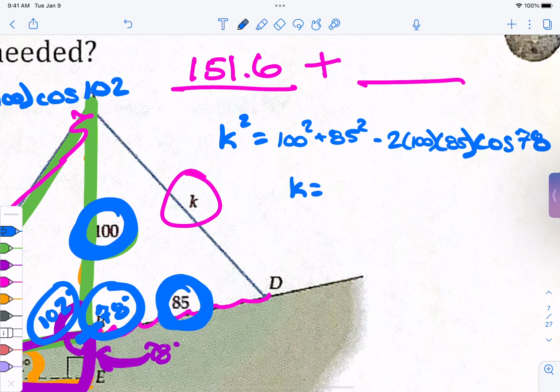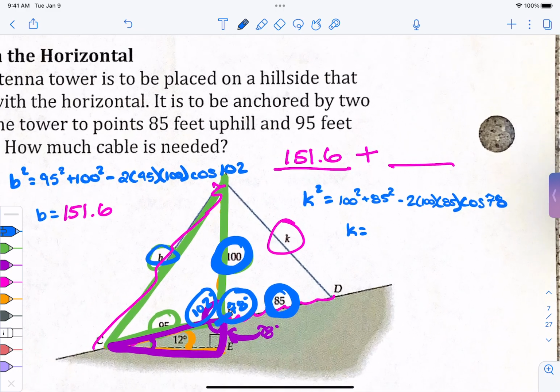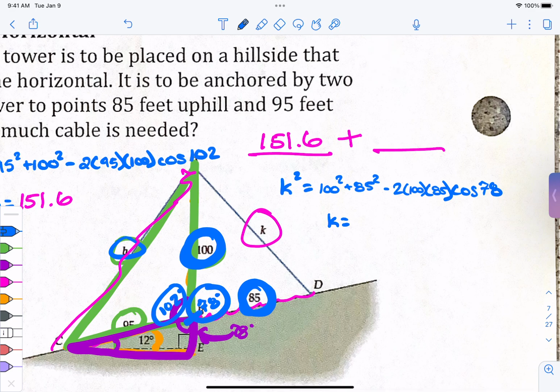K equals the square root of however much. Bigger than 100, but smaller than 151, I'm guessing. I got 114.8. That sounds appropriate.